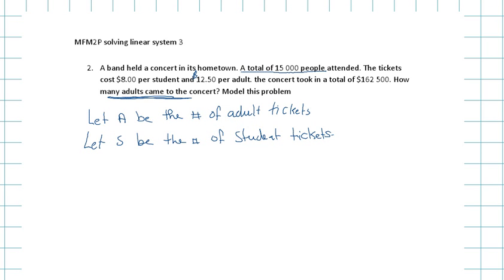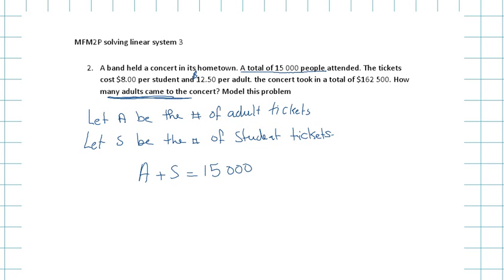A plus S equals 15,000. It was the exact same thing as the first question we did. The number of adults plus the number of students is equal to 15,000. It took her to actually say the sentence herself to figure it out. So when it tells you the total, that means you're adding your variables, right?